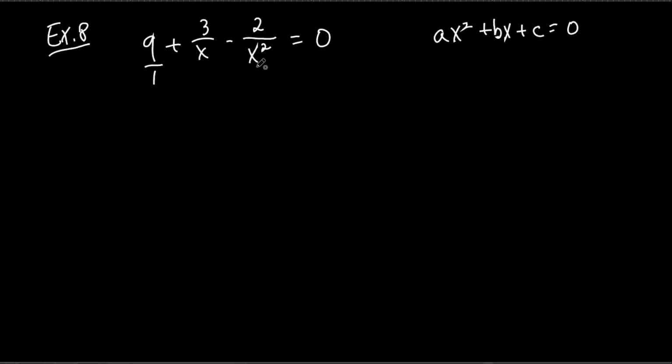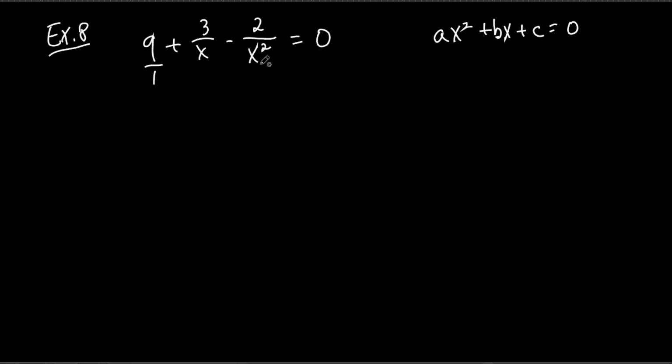So what we're going to do is multiply everything by the biggest denominator. Everybody got it? So I'm going to multiply everything by x squared. Because if I just multiplied everything by x, then this whole thing wouldn't cancel out. I'd still have an x on the denominator. So I didn't do enough.